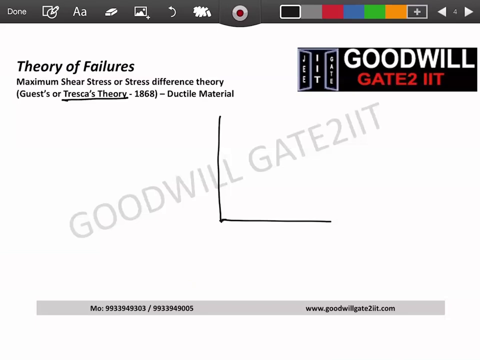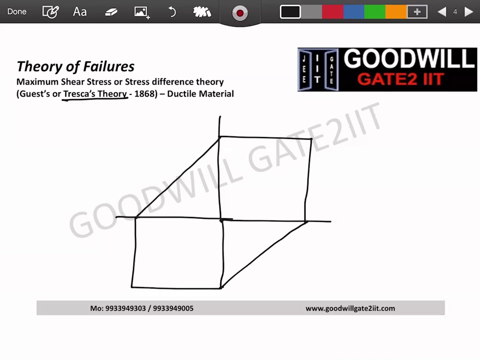Let me showcase this and then I'll explain. All right, this looks like a hexagon. You have 6 sides in this. Now, what do these sides represent?